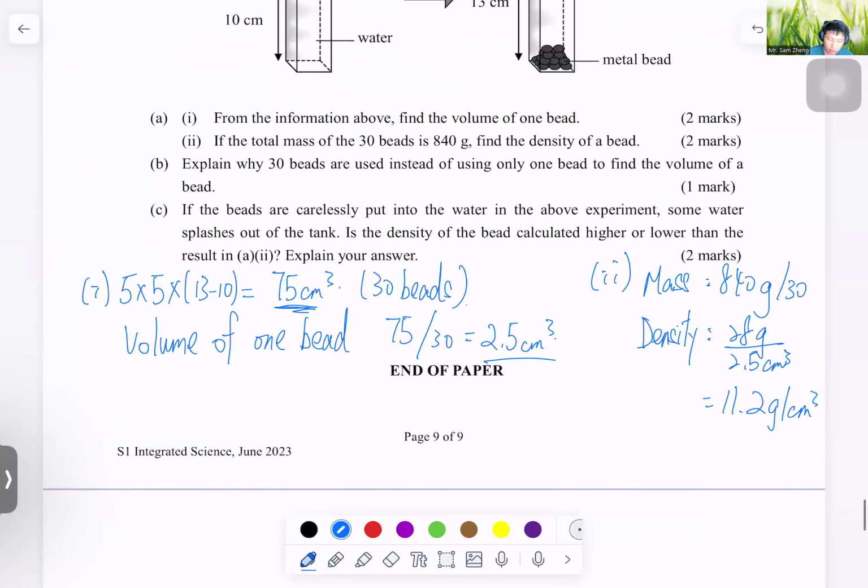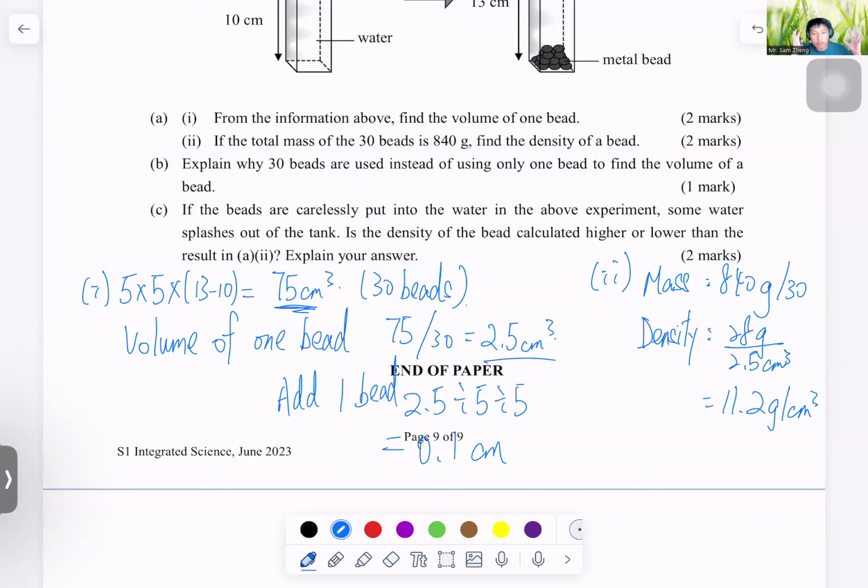What does this mean? I use 2.5 divided by 5 and divided by 5, then the water level increase would be 0.1 cm. We just increase 0.1 cm if we add 1 bead.